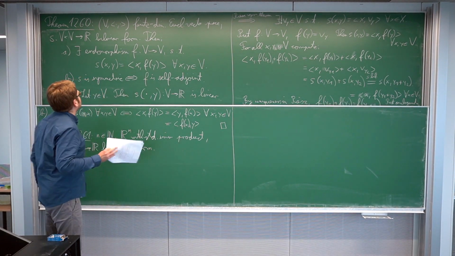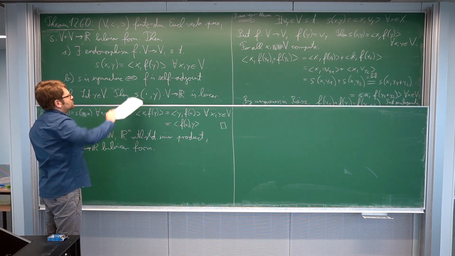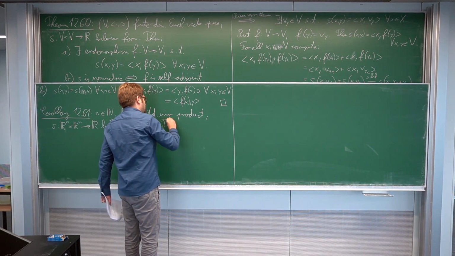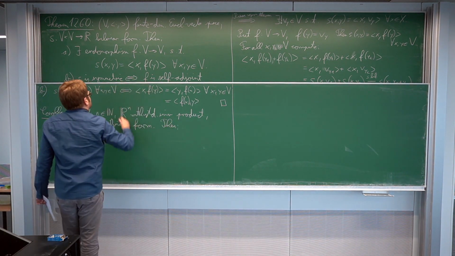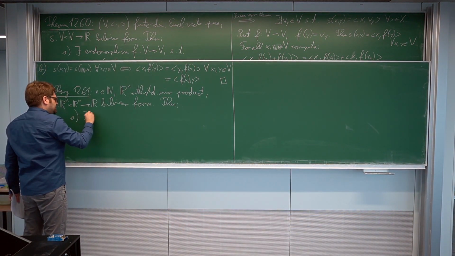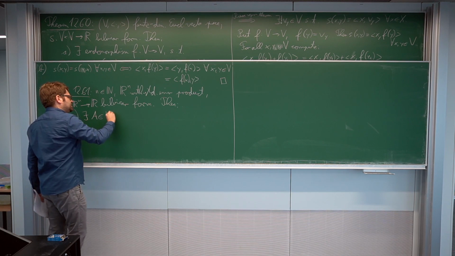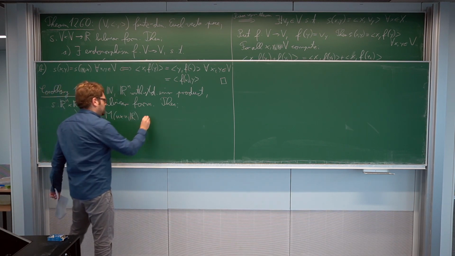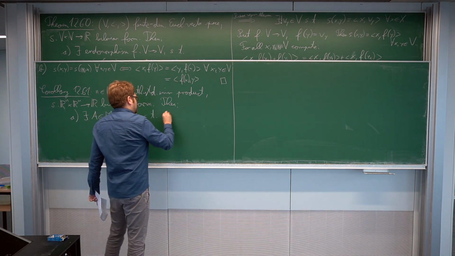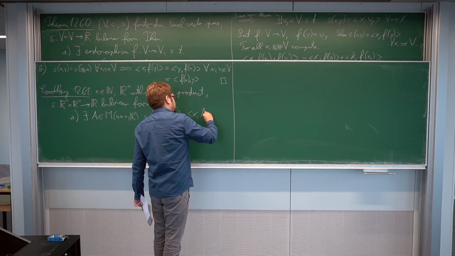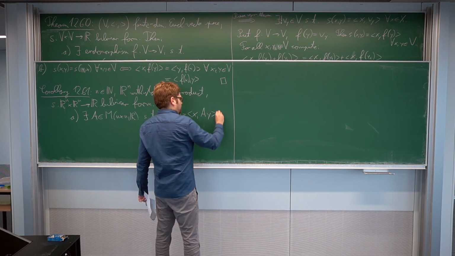So we can just reformulate this here as a condition for matrices. So by part A, we find such an endomorphism of Rn, meaning we find a matrix. So there exists some matrix A, which is an n by n matrix, with real entries, of course, such that S of x, y is the same as the inner product of x and Ay for all x, y in Rn.